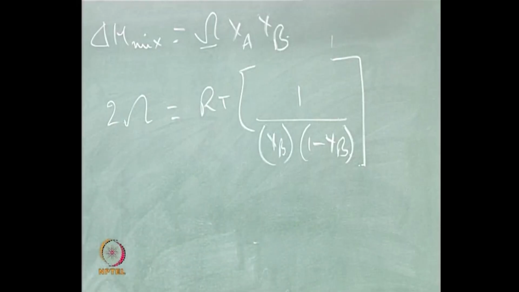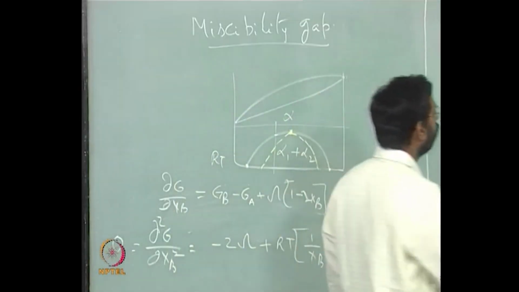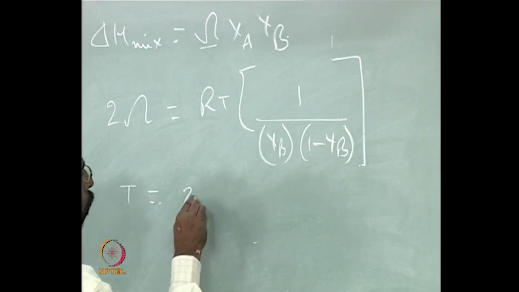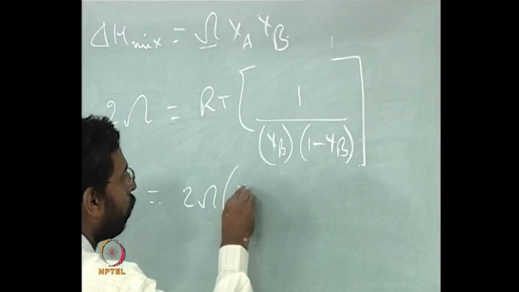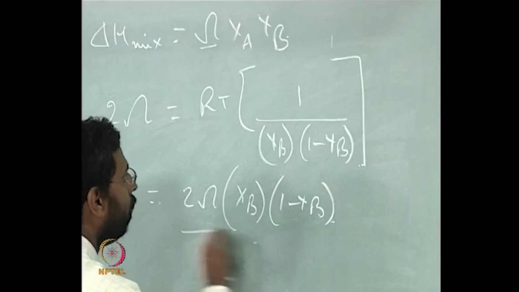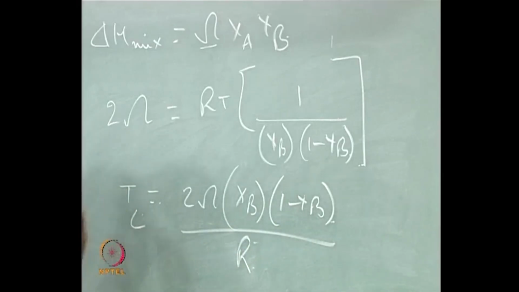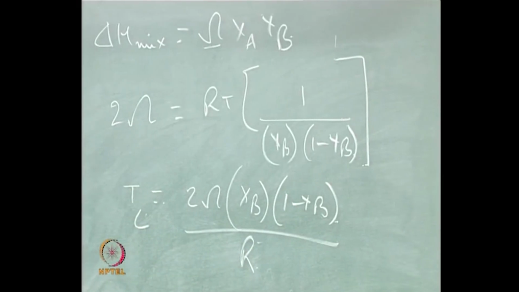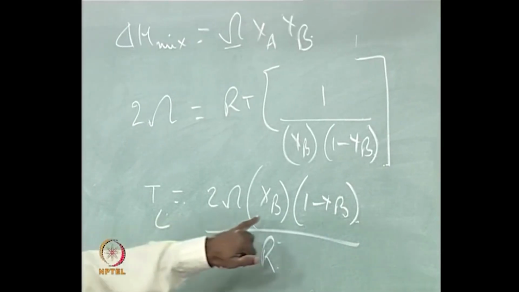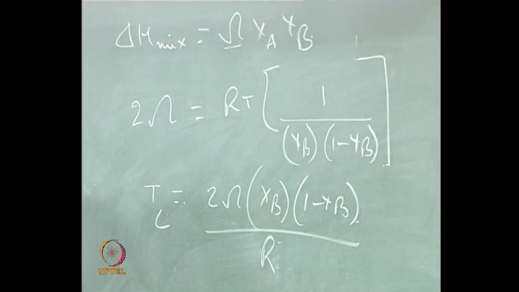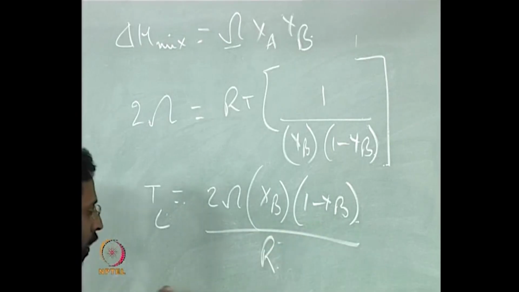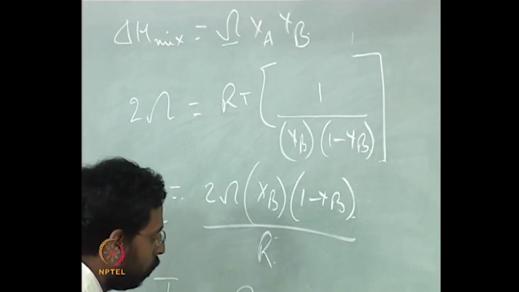If you do LCM there, you would basically get that. So that means t is 2 into omega into xb into 1 minus xb divided by r, that is what is the Tc. Solves the problem. You put xb as 0.5 and you see this is 0.5 into 0.5, so 0.25. So you would see the Tc is omega by 2r.